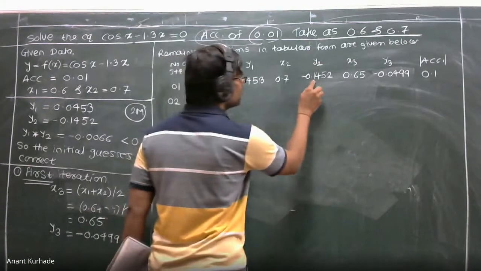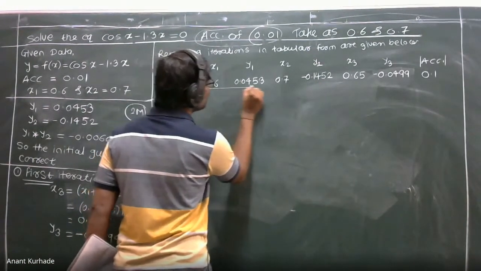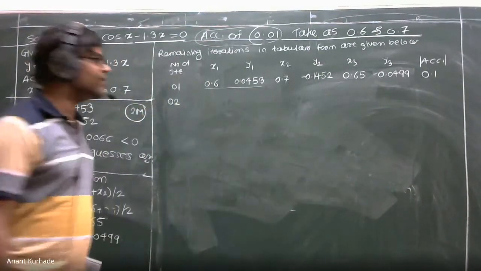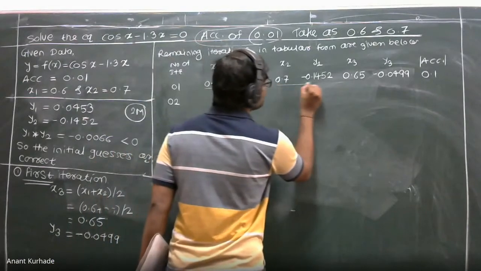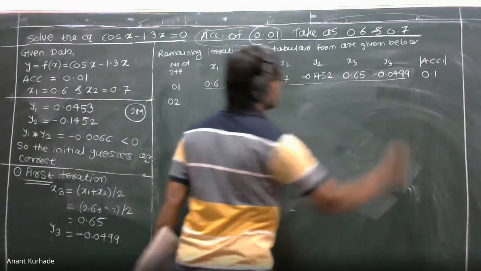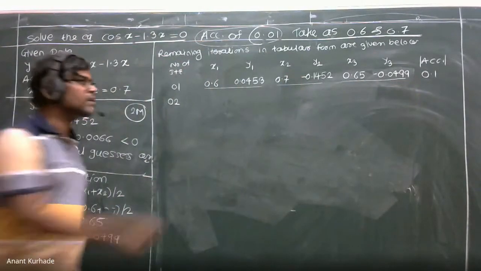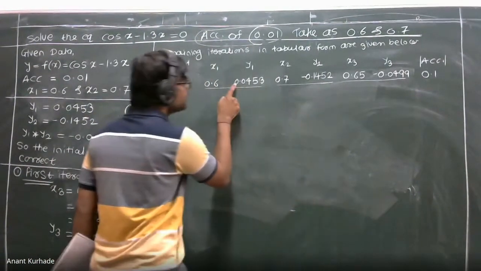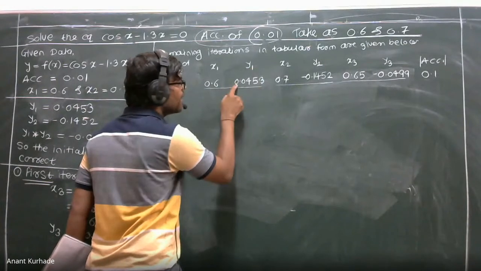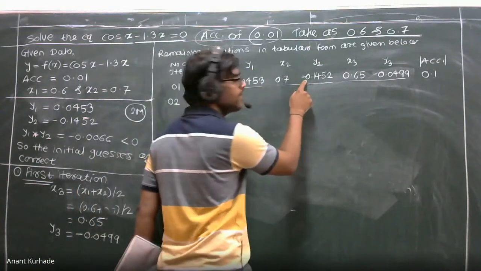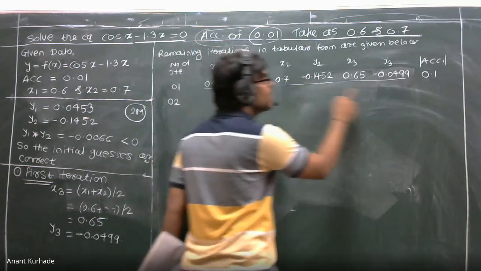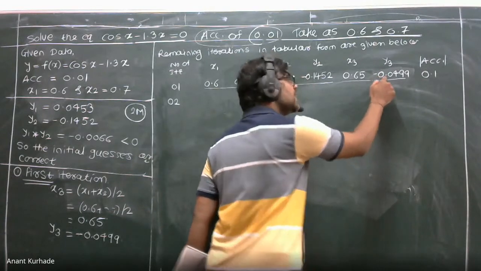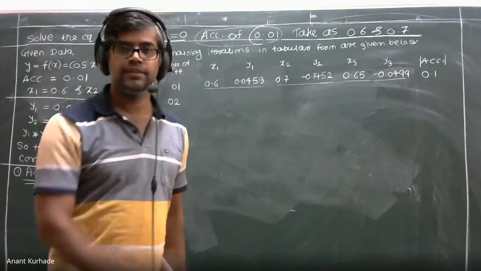This y2 means what? I am discussing this whole pair, x1, y1. This is our next pair, this is our new pair. Okay, this is our third pair. 1, 2, 3. Now this pair is having sign of y plus, this pair is having sign of y minus, and this pair is having sign of y minus, correct?